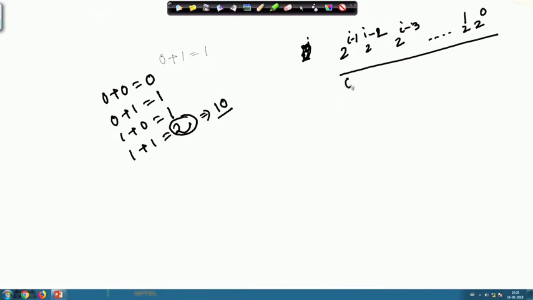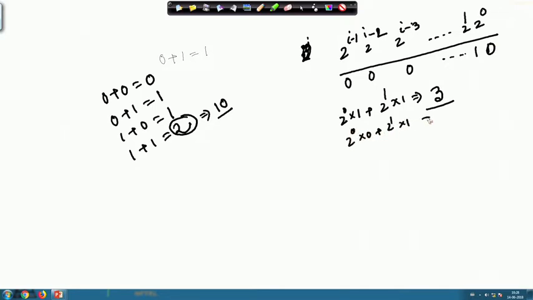If I put 0 0 0 and 1 1 over here, what will be the corresponding decimal value for this binary number? That is 2 to the power 0 into 1 plus 2 to the power 1 into 1, which is equal to 3. So, for 2 what do I need? I need 0 in the first position: 2 to the power 0 into 0 plus 2 to the power 1 into 1, that is 2.